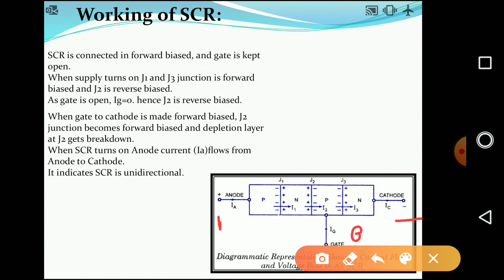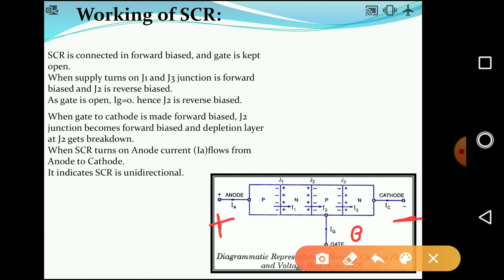That is, the SCR is connected in forward bias. The anode terminal has a positive supply and the anode is connected to the P layer. The cathode terminal has a negative supply and the cathode is connected to the N layer.